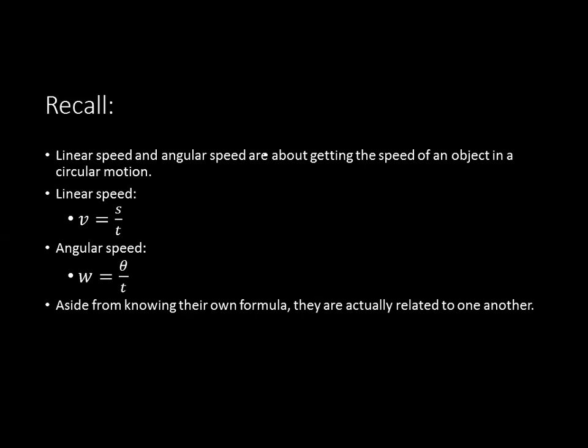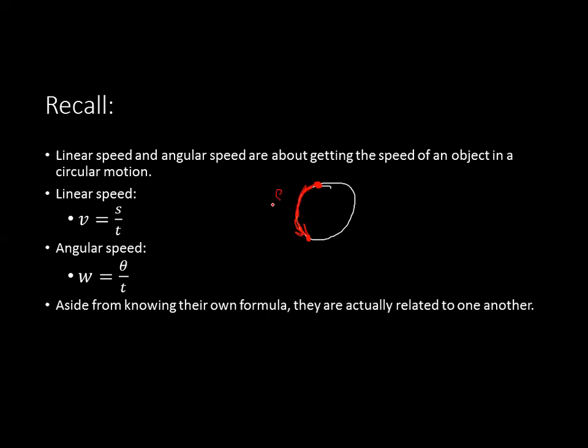If we're talking about graphical representation, we can say that they are related. For example, I'm just going to use this space for drawing. We have this circle. Let's say you start from here, then you end here. You want to know how fast this object goes from here up to here, so it involves using an arc length.